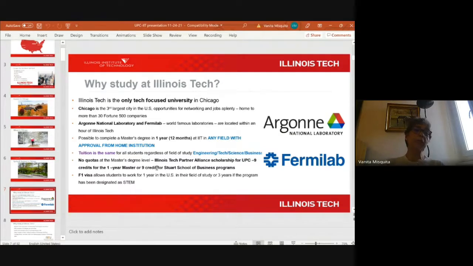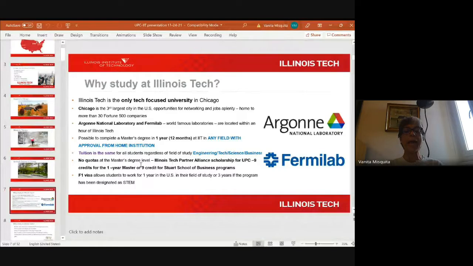So, for example, if at Industriales there are 20 of you interested in the double degree program, and if all 20 of you are selected by the School of Industriales, you're welcome to apply to Illinois Tech. Only selected students can apply to our programs. So these are some of the advantages of choosing the US and choosing Illinois Tech.